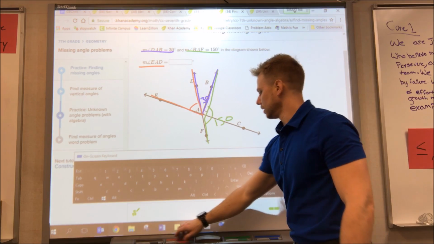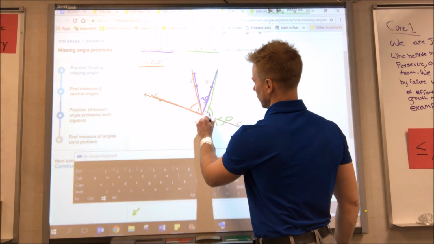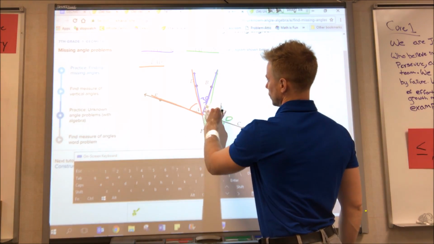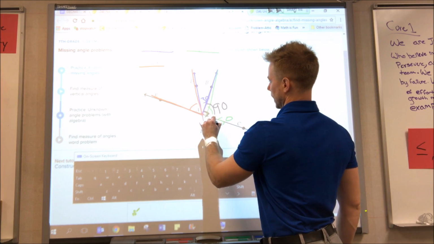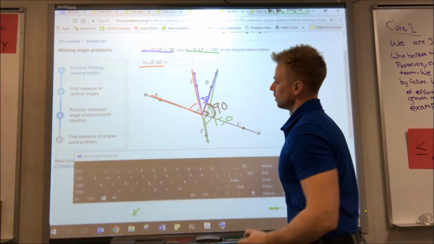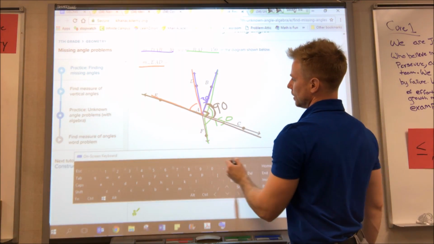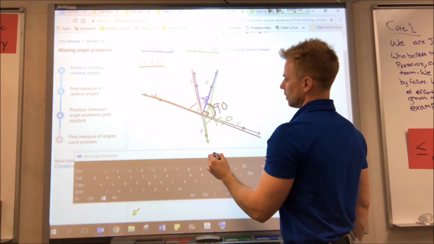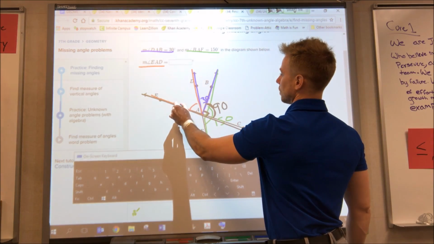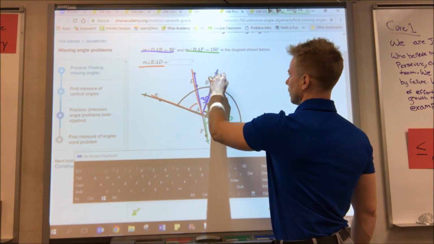Another thing I see right over here is a little box, which tells me this angle's 90. Well, if that's 90, and we have a straight line here, that means all the way here is 180.